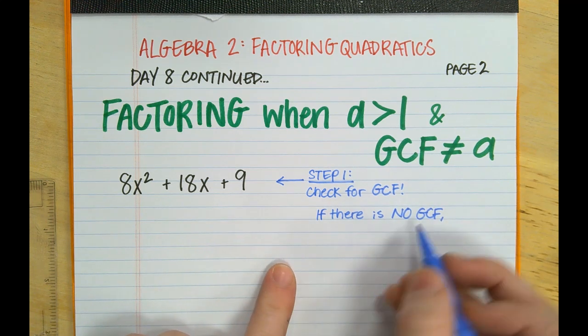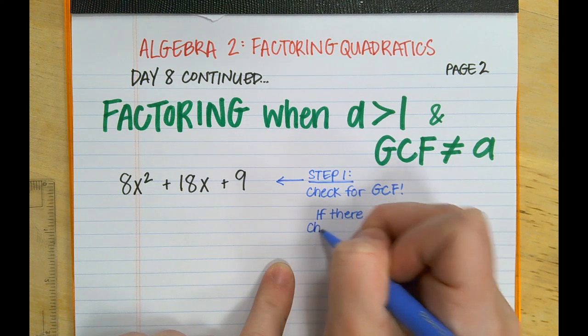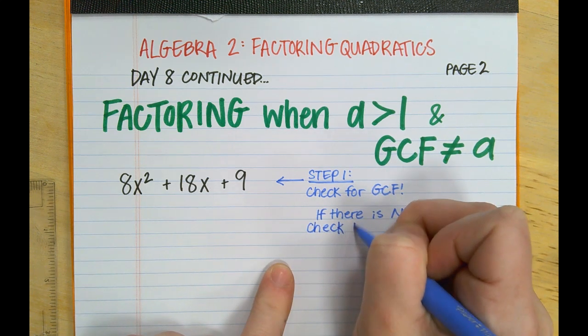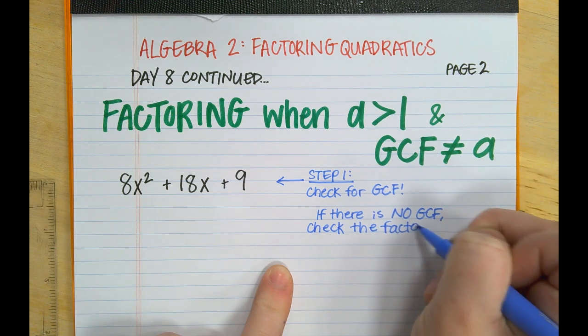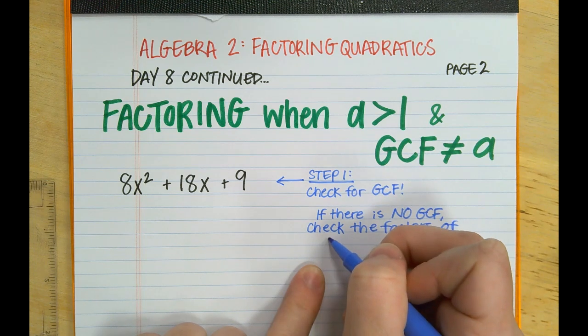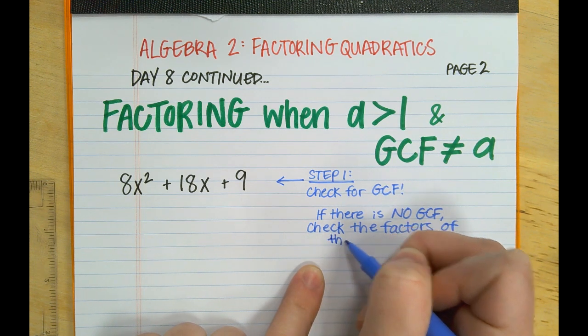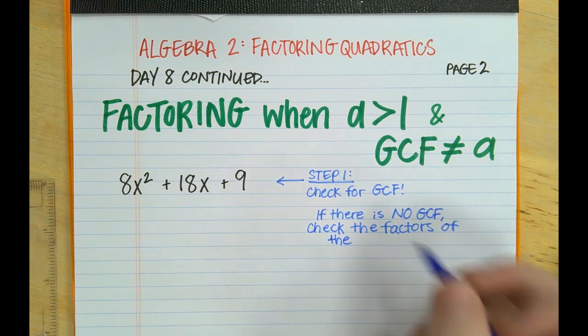Let me write it first. If there is no GCF, check the factors of the leading term. And I'll tell you exactly what that means.